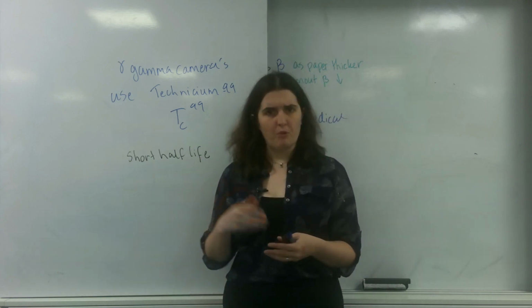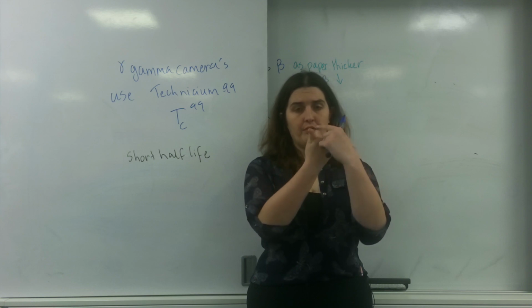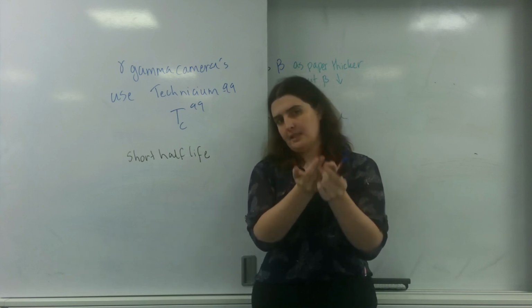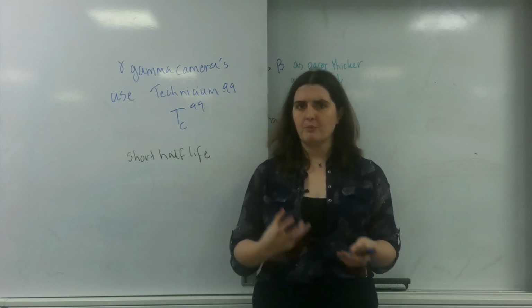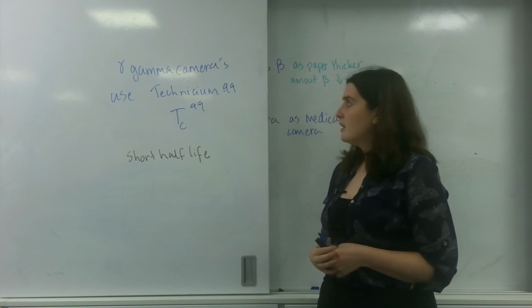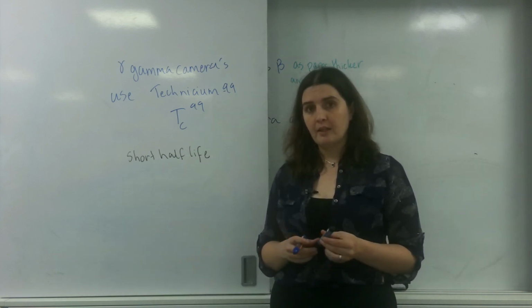A day would be 4 half-lives, so 1 gram, half a gram, a quarter of a gram, an eighth of a gram, a 16th of a gram. It's a very small percentage that's in your blood system after 24 hours. So technetium-99 has a very short half-life.